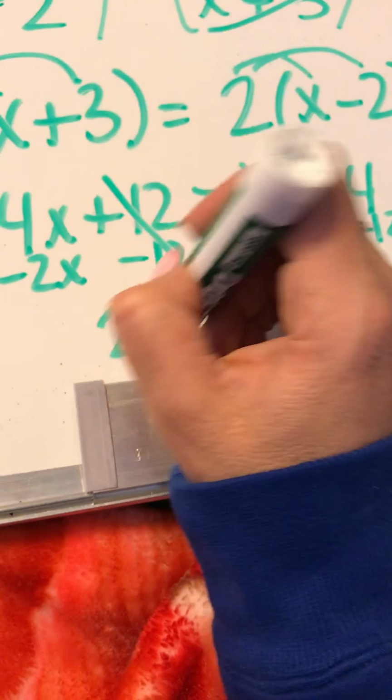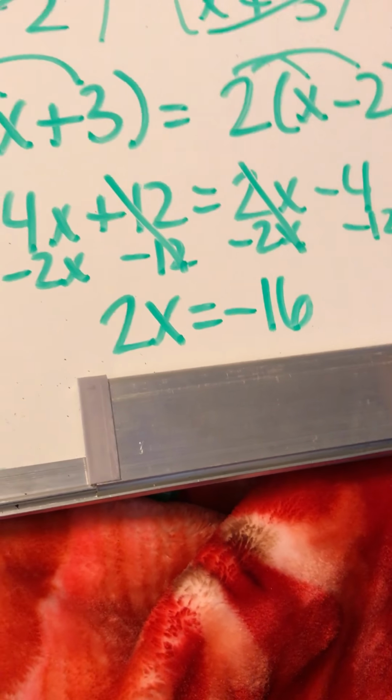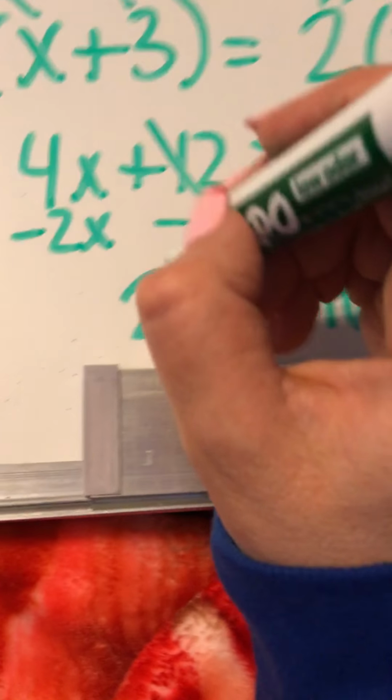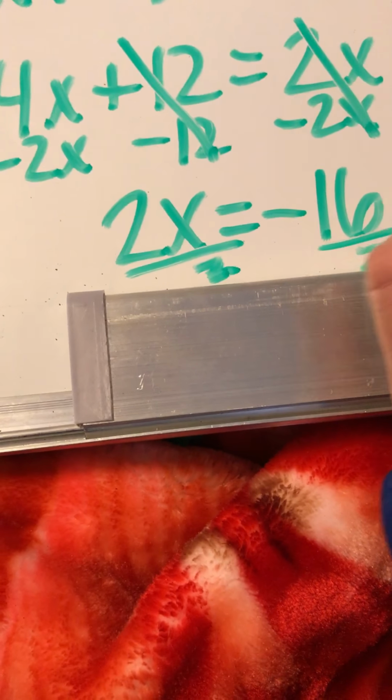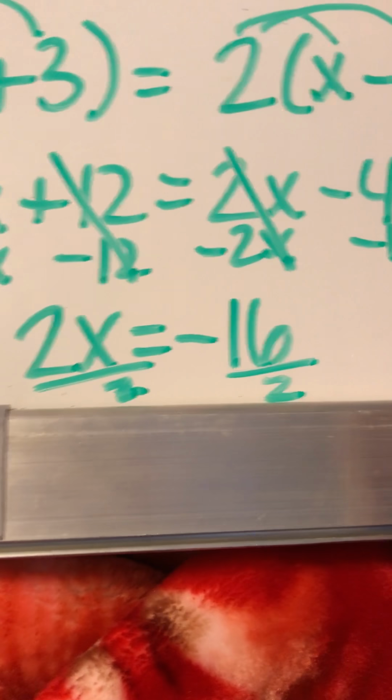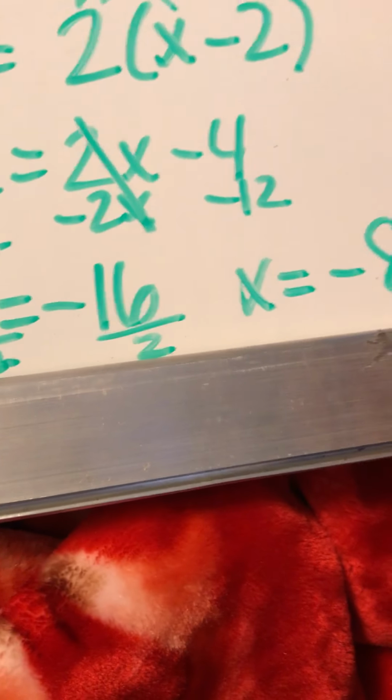Now we have 2x equals negative 16. We'll divide by 2. Running out of space a little bit. So we divide by 2, x equals negative 8.